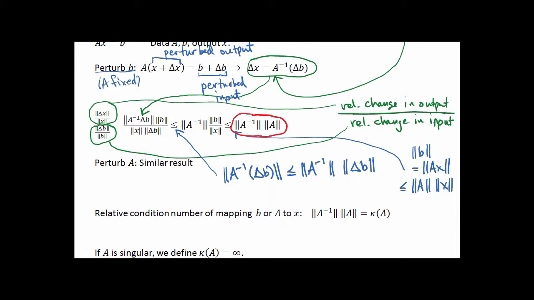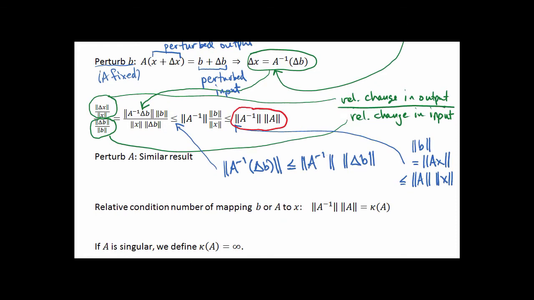So that's the full analysis for what happens when we perturb the vector B.